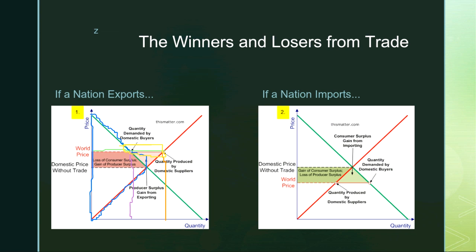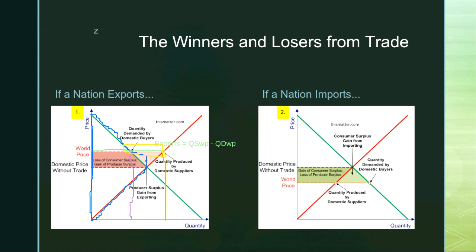I'm going to back away from yellow because that looks awful. So let's just type this out in geometry. Exports equals the quantity supplied at world price minus the quantity demanded at world price.